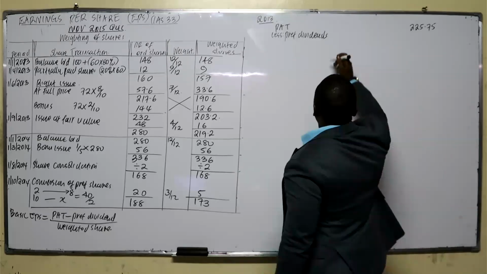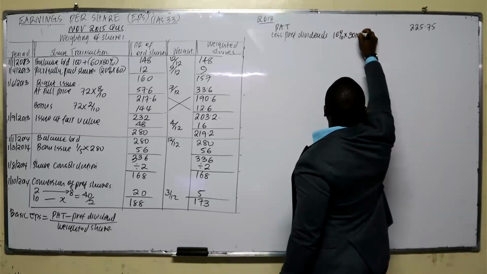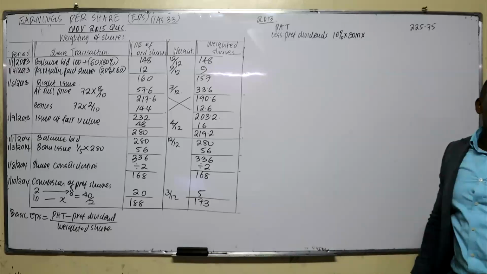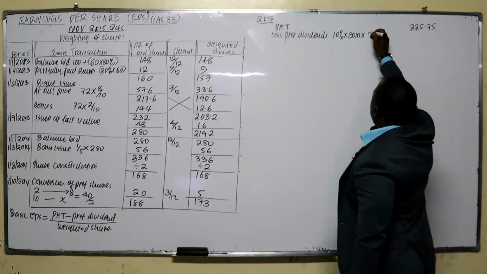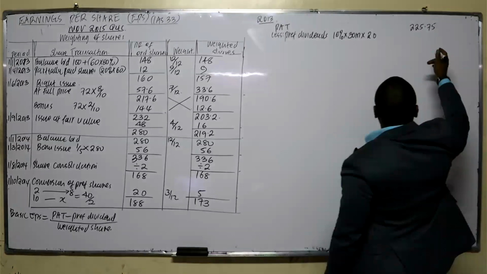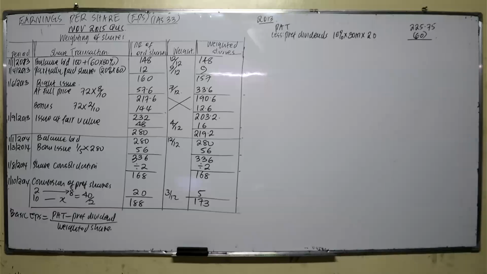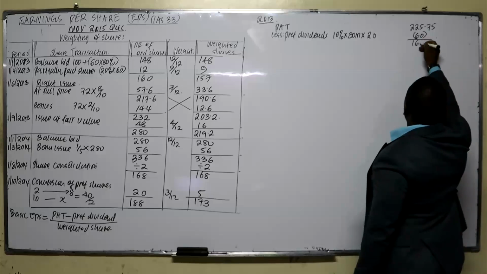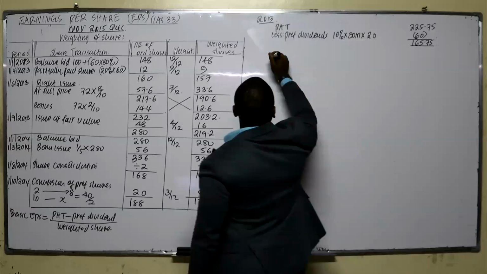So it's 10% of 30 million. Those are preference shares, right? How much was the par value per preference share? Read the first paragraph. Was it 20? Good, 20. That is 10% of 600, you get 60, right? So how much is the earnings attributable to ordinary shareholders? 165.75. Now we do the same for 2014.